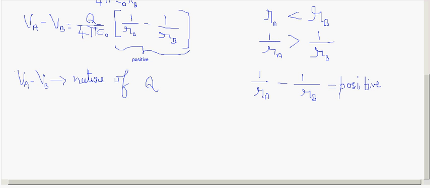Finally, we can write the answer. VA minus VB is positive when Q is greater than 0.